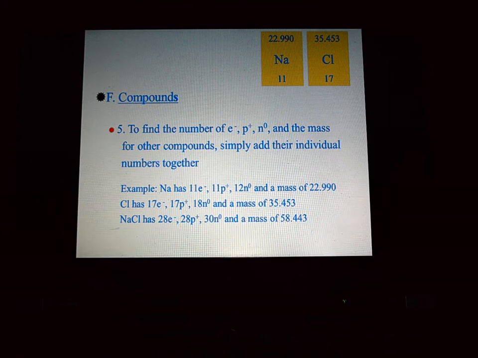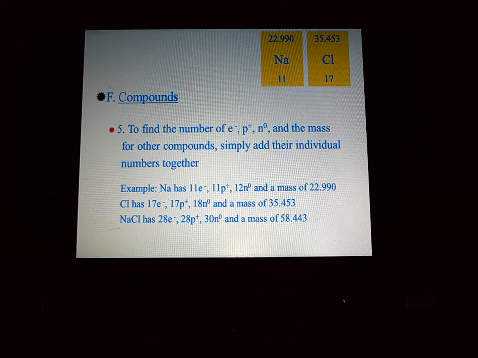Sodium has 11 electrons, chlorine has 17, so how many does the molecule, if you will, of sodium chloride have? 11 plus 17, it has 28. That's how you do electrons, protons. Mass, same way. 22.99, 35.453, add them together, you get basically a little over 58.